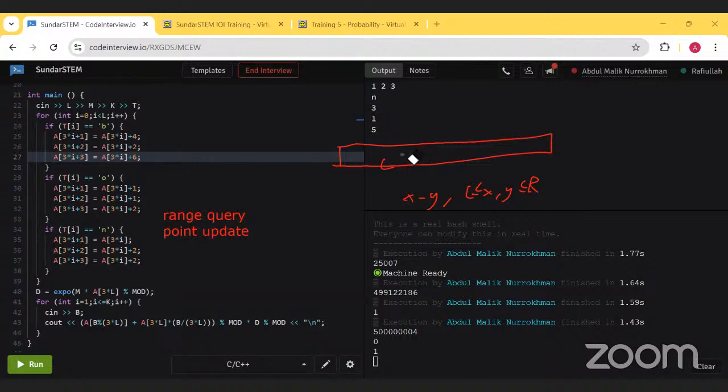Then how about range update here? If you want to update from L to R, all of them, let's say, plus by 5. So if the initial array is like this, the array will be modified into this.